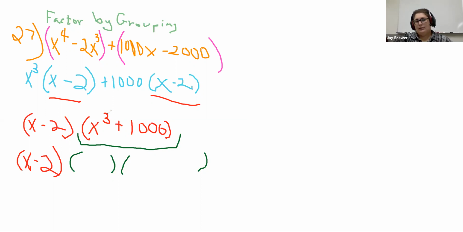If x cubed is a cube, what can you tell me about 1000? Would it be x plus 10? That's our first part, so x plus 10.